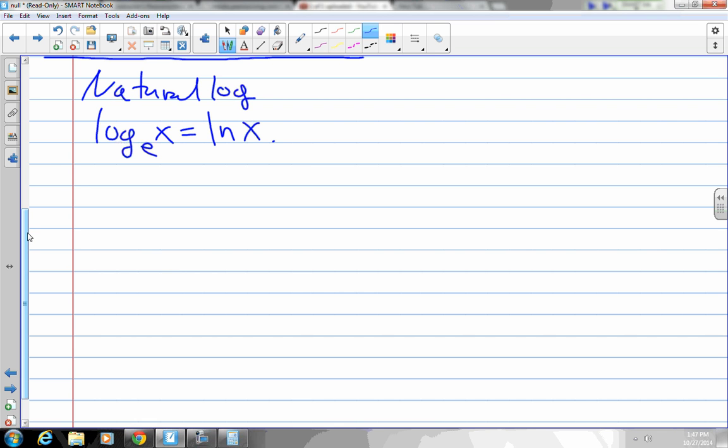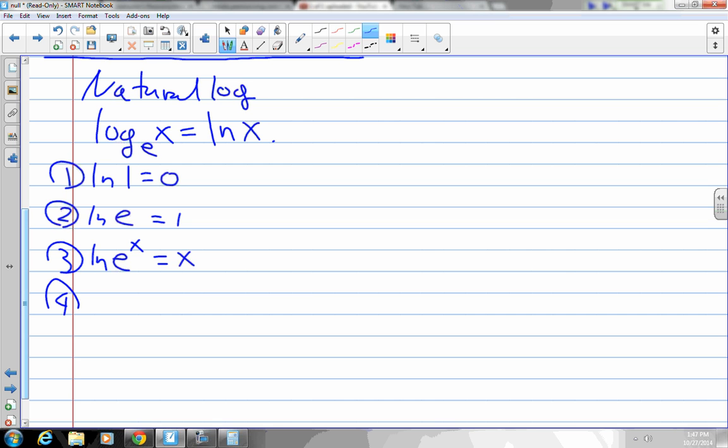So again, it has the same properties. Natural log of 1 equals 0. Natural log of e equals 1. Natural log of e to the power x equals x. And e to the power natural log of x is also x.